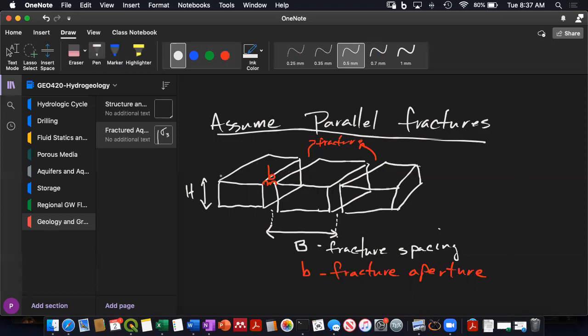This length here is L. So I'm going to think about a block here.